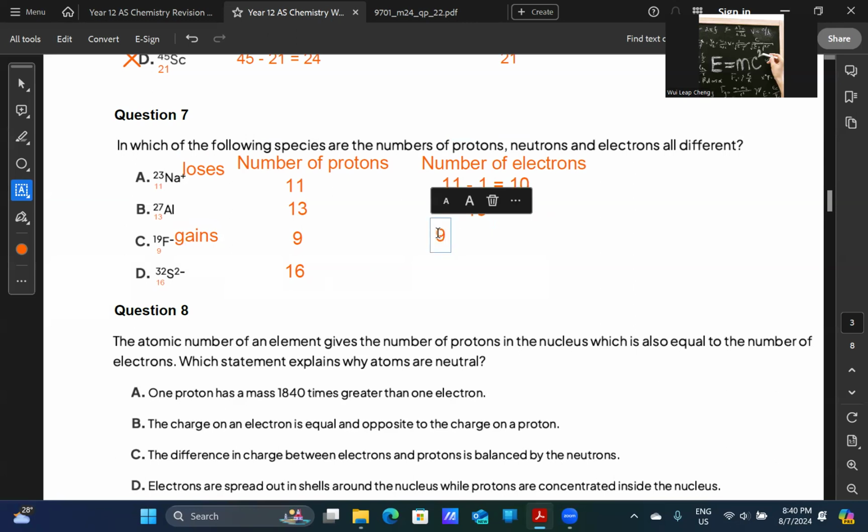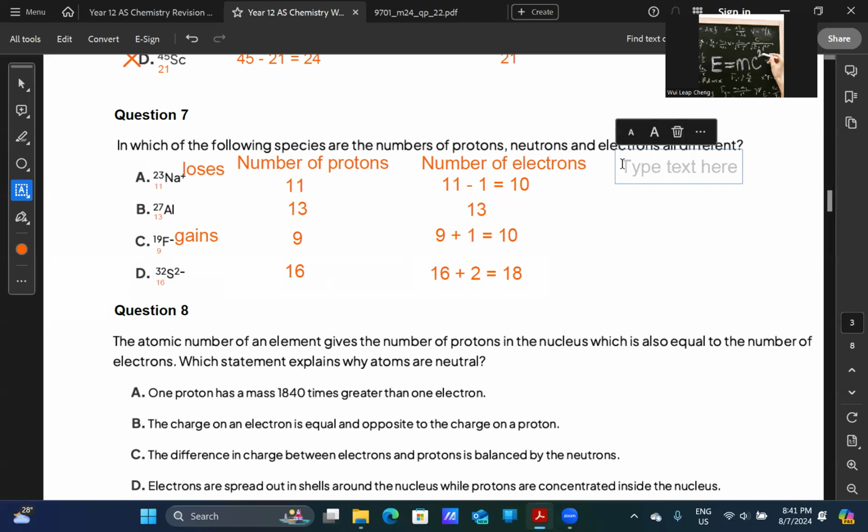So 9 plus 1 equals 10. Again, the sign here is negative, gain 2, equals 18. Okay, you need to find the number of proton, neutron, and electron all different.